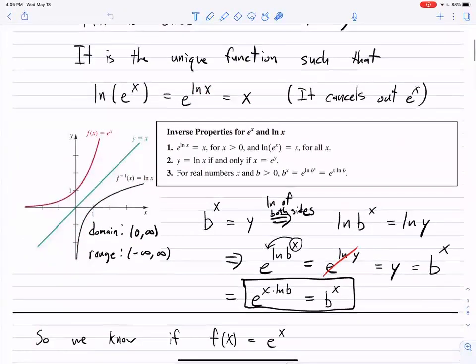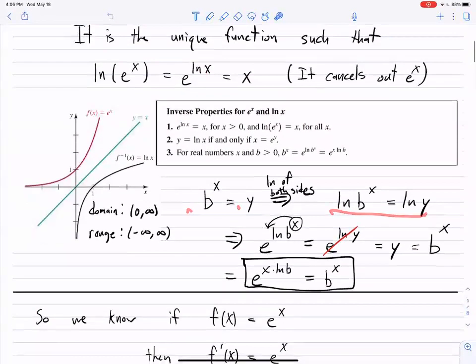And so I won't belabor all the ideas, but the other important identity to remember is that if you have an exponential b to the x equal to y, you could take the natural log of both sides. So that's what I did here. And then the natural log of b to the x can come down. We take the natural log of both sides and then take e raised to both sides.